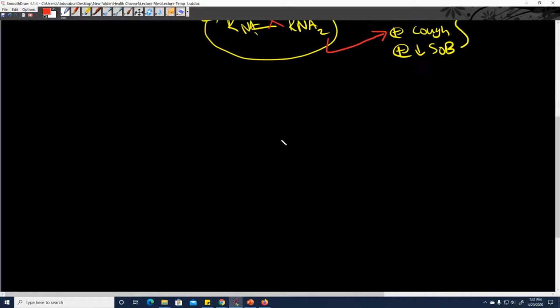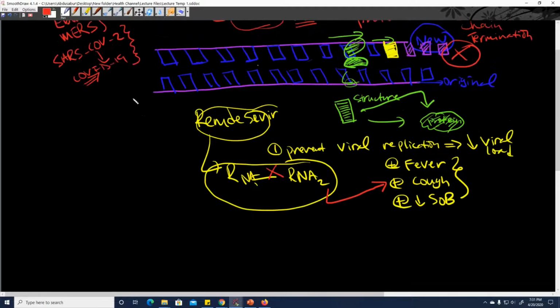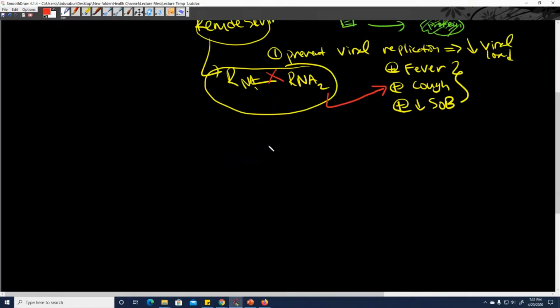So in terms of the efficacy of this drug, Remdesivir, where do we get the data? So where is the evidence? And I'm going to show you that now. Recently, there was a study that was done at the University of Chicago.